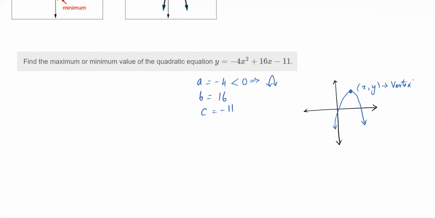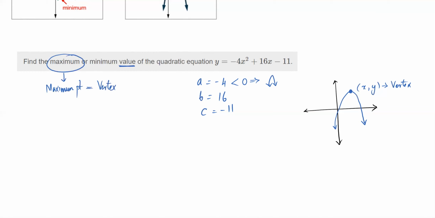Clearly, the vertex is the maximum point, okay? So we are actually trying to find the maximum point. That's the vertex. But then they use the language maximum value, okay? When they say maximum value, then they are actually talking about the y coordinate for the vertex.